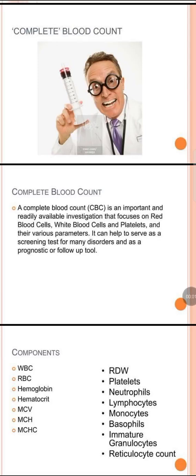Okay, so let's go quickly through the full blood count, which is also known as the complete blood count or hemogram. This is simply an important and readily available investigation that focuses on red blood cells, white blood cells and platelets and their various parameters.